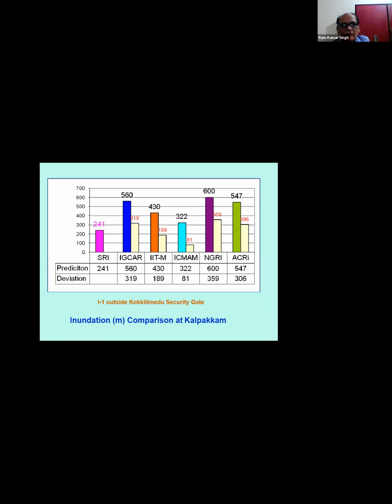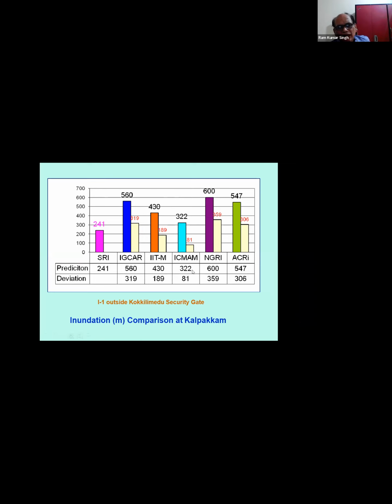And we saw that most of the participants predicted, some were poor, some were good, but inundation prediction is very, very difficult even today, because you need very detailed land morphology of that particular site, and at that time the power of the computers was limited.